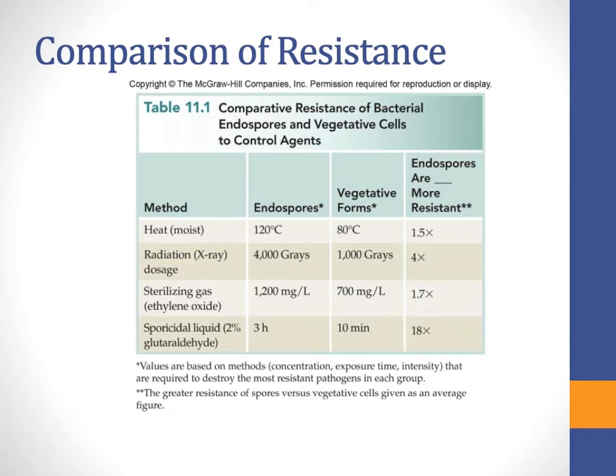You can see how endospores are extremely resistant, whereas vegetative cells are more sensitive. I just want to point out that with the Sporacidin liquid, for the vegetative cells you need 10 minutes of contact, and if you review your lab syllabi, we say 2 minutes.